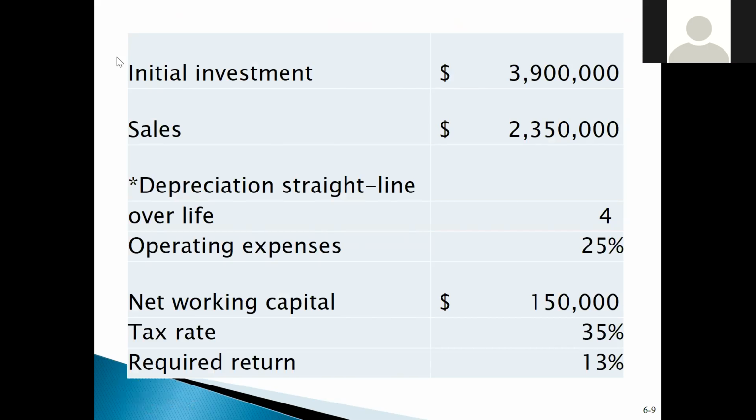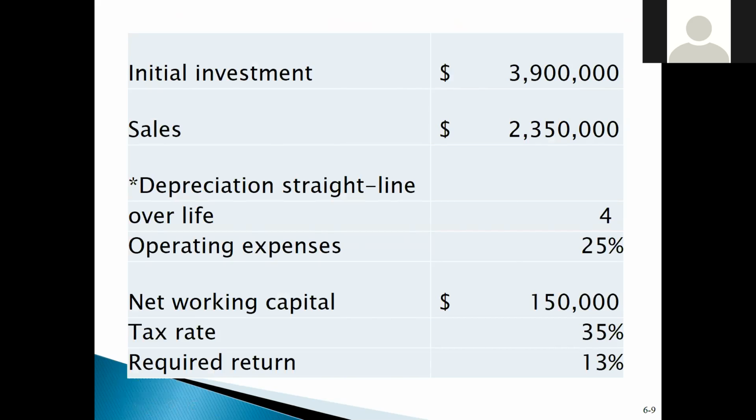So I just did the sales minus cost of goods sold, which was 25% of the sales. Good. And subtracted the depreciation, which I calculated to be 975,000. So it was 4-year depreciation on the $3.9 million asset. And that got the earnings before interest and tax.